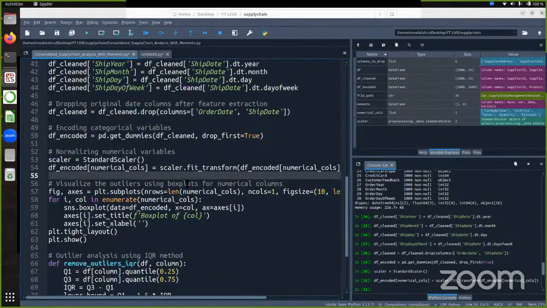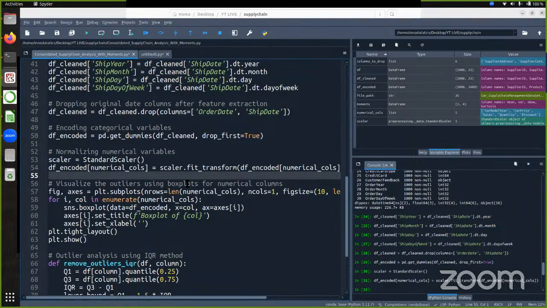So then we need to do our outlier analysis. This is the final step that we need to perform. Now, what is outlier analysis? Outlier analysis is the process of identifying outliers. Okay.